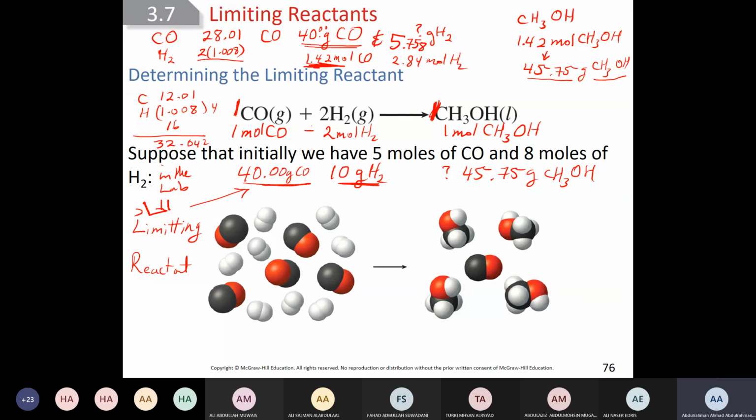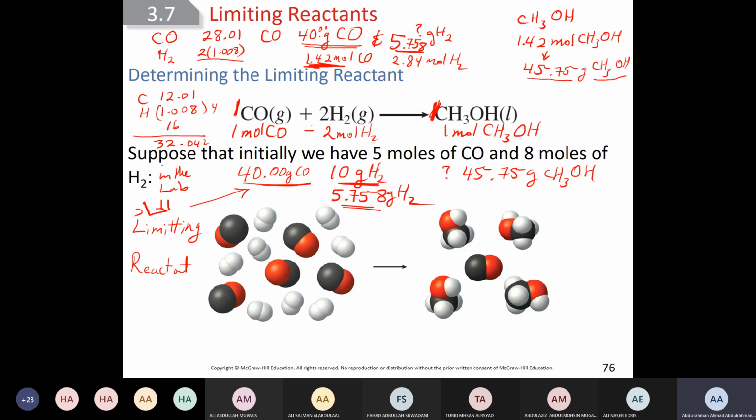Exactly. It means the reaction will stop. This means in this case, the 40 gram CO will react only with 5.758 gram H2, which is this number. Only.